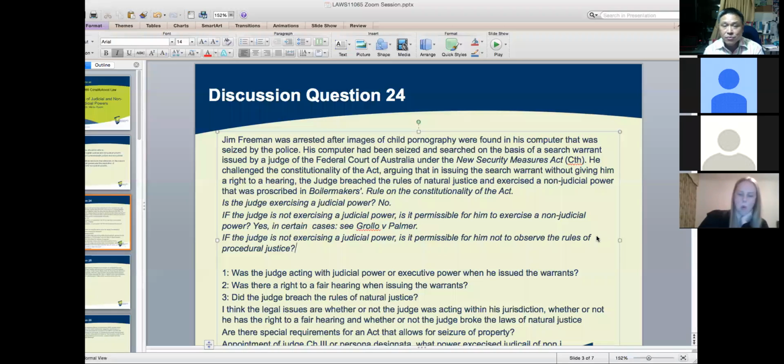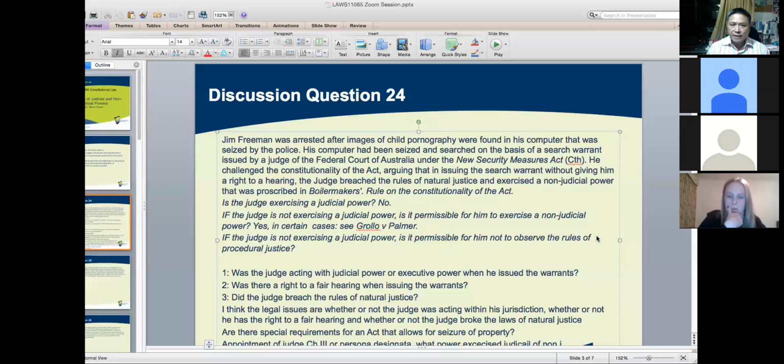The answer is no. Unless the enactment creating the tribunal, or empowering a federal court judge to be a member of a tribunal, expressly or implicitly provides that the rules of procedural justice or natural justice must be observed, there is no requirement that an administrative tribunal or a non-Chapter 3 court observe the rules of natural justice.